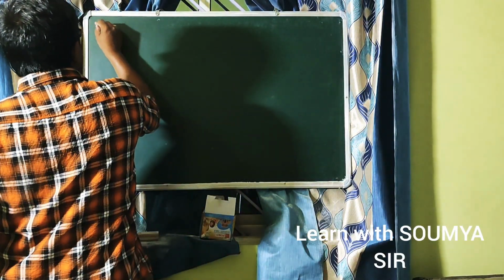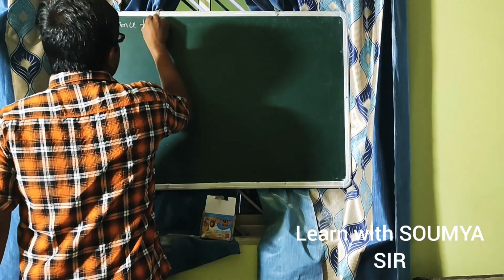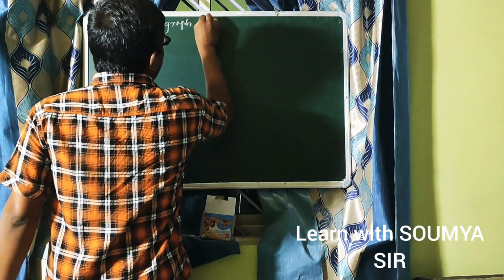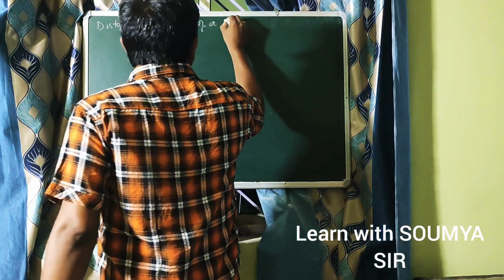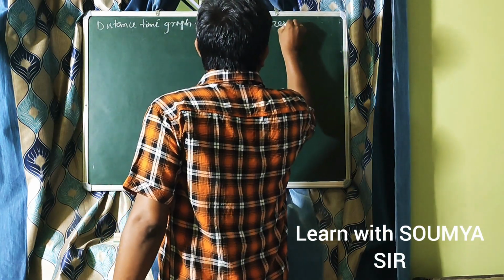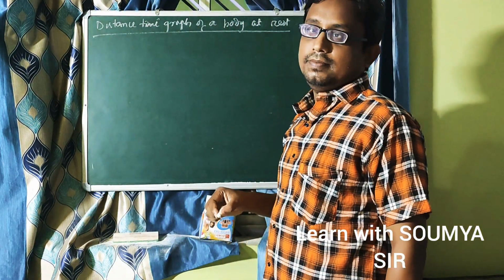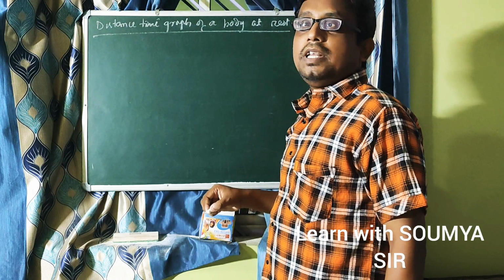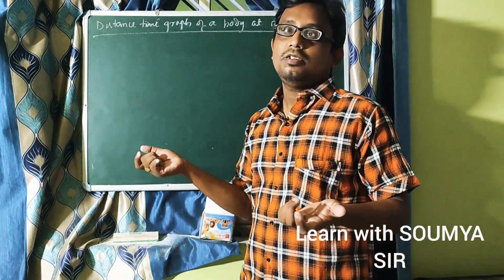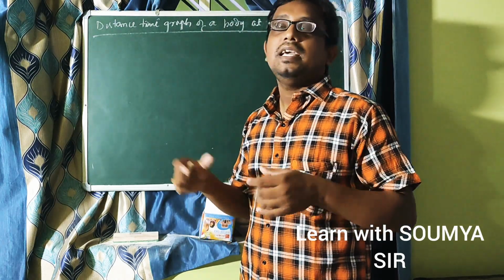So first of all, distance time graph of a body at rest. When a body is at rest, it will not change its position. It will not change its position means it will not travel any distance.